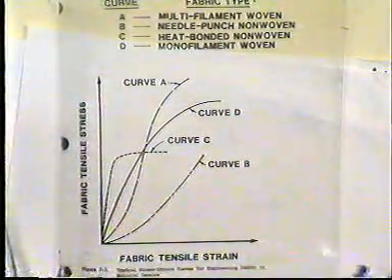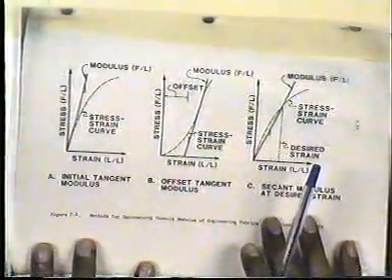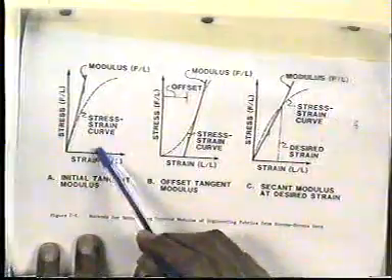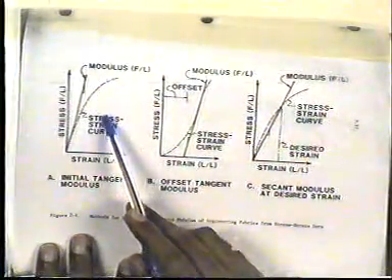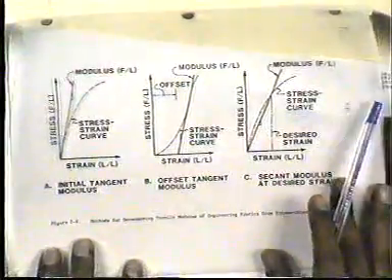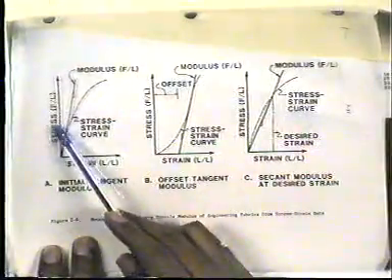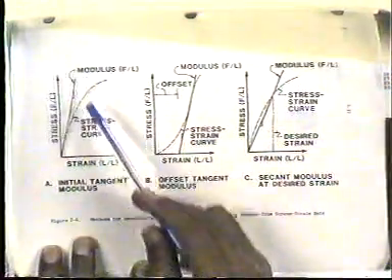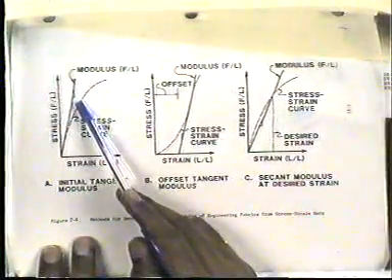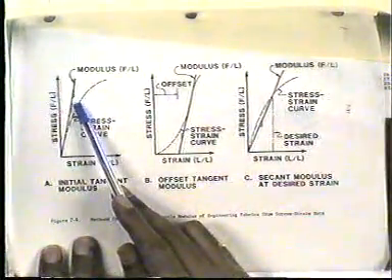So from this curve we can determine some of the most important parameters, and those can be measured, the modulus value of the geotextile. Here you can see that this is the stress strain curve, and you can determine what should be the initial tangent modulus of geotextile.